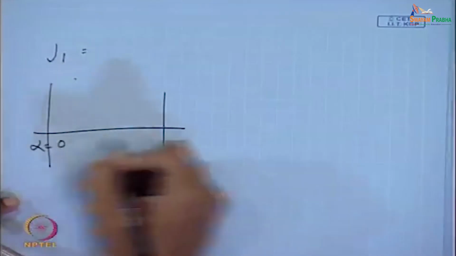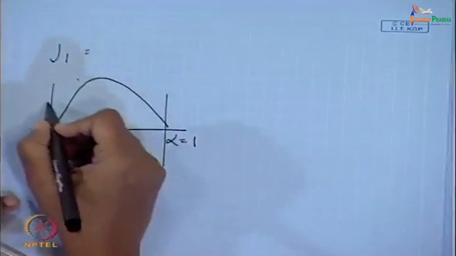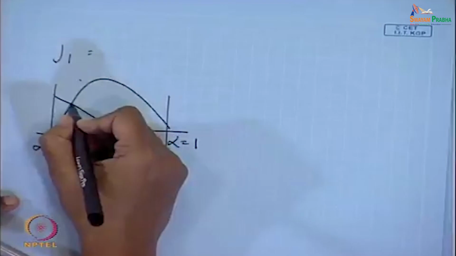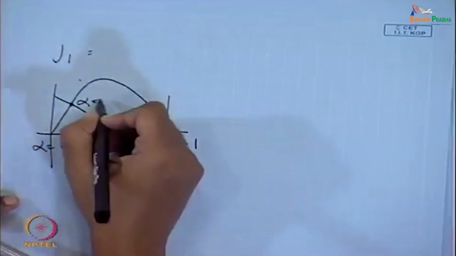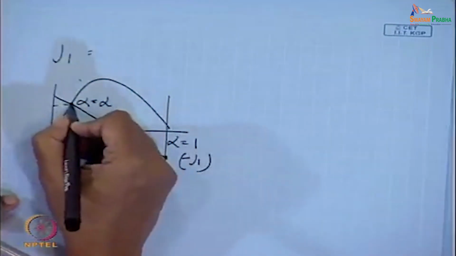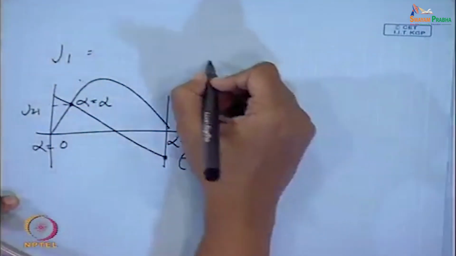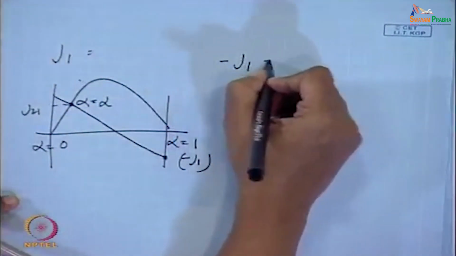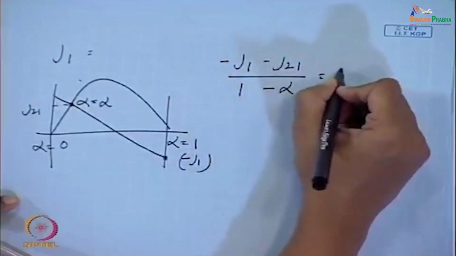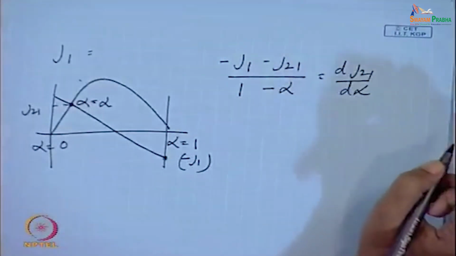This is alpha equals 0, alpha equals 1, this is the curve, this is the line. So, in this line this is alpha equals 1, this is alpha, this is minus J1 and this is J21. So, what is the slope in this particular case? The slope will be minus J1 minus J21 by 1 minus alpha, this will be the slope dJ21 d alpha, correct.